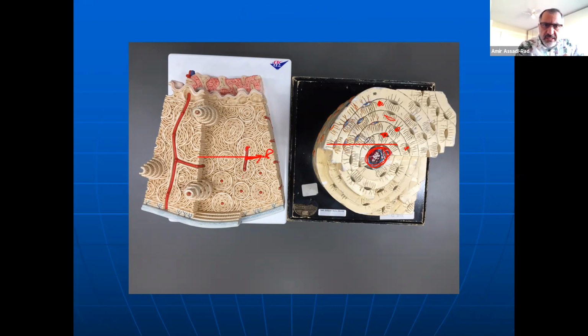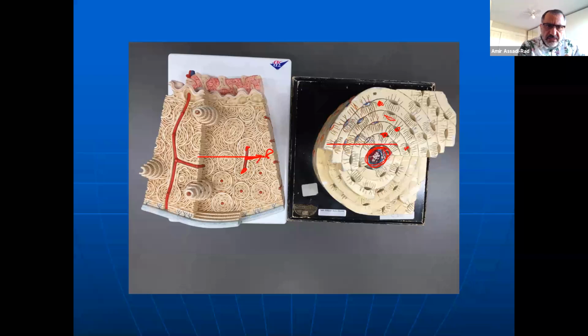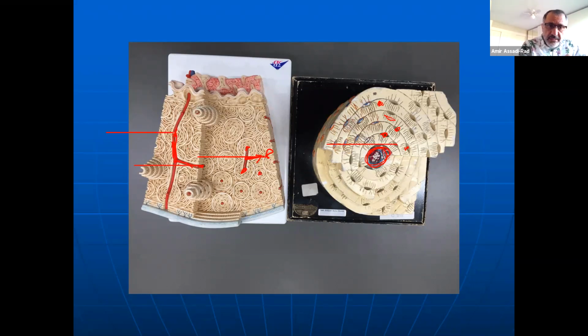This is central canal, central canal, central canal. So this is a central canal connecting to another central canal. That central canal is connecting to another central canal. And these canals right here are called perforating canals, and that is called central canal. So central canals run this way in my bones. Perforating canals run this way in my bones.